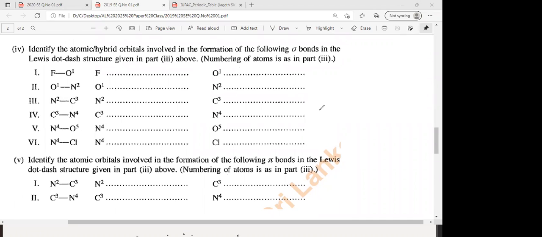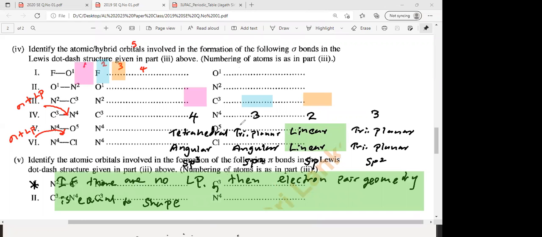Now they are asking based on the same, part 3 above. I'll quickly draw this on the rightmost side, then it's easy to refer. I'll draw the structure of that one. Or else, without erasing that part I can leave it.